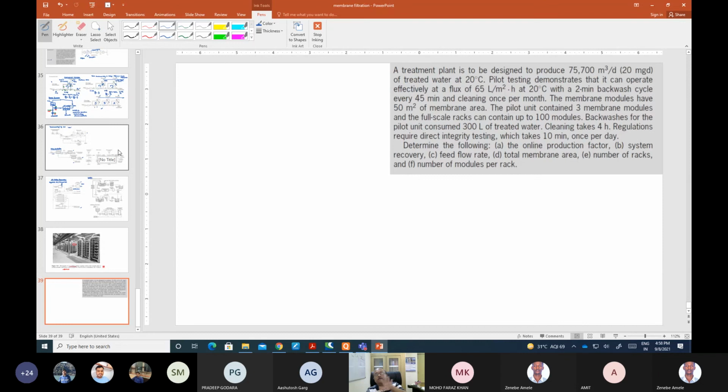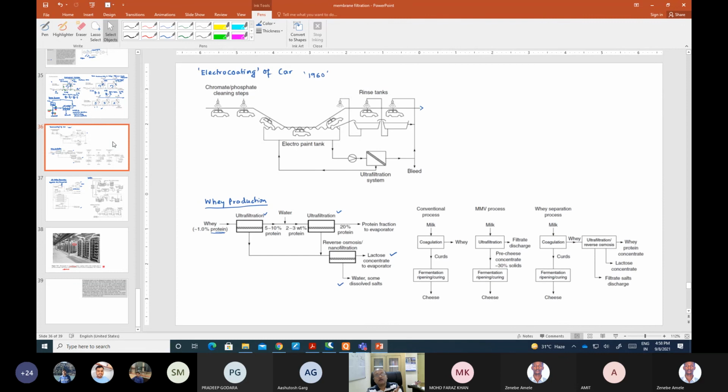Now, even if the solution looks very clean, it may have a lot of dissolved solids, right? Dissolved organic materials like protein molecules can be there, a small amount of other stuff, and macromolecules might be there.